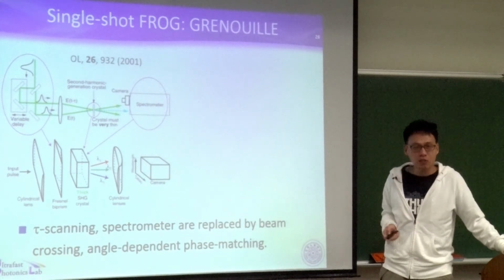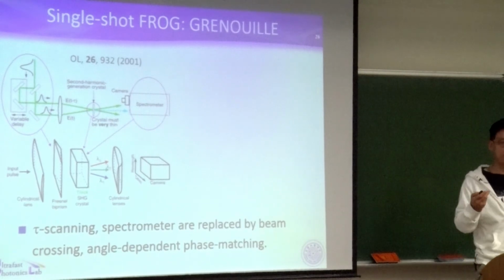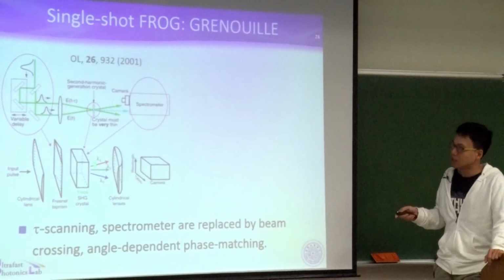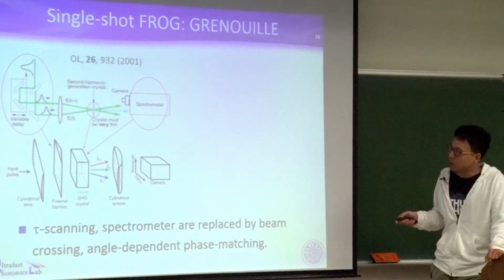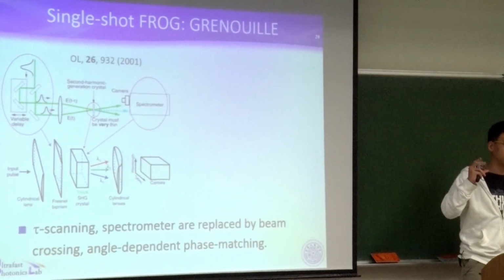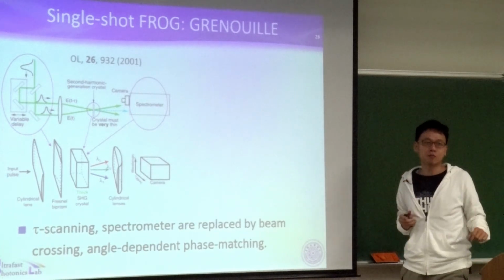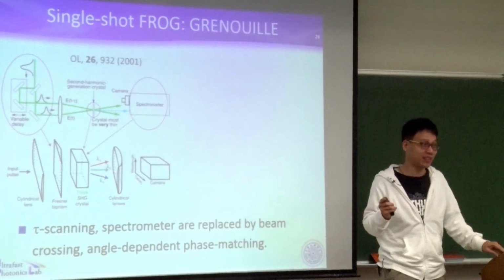Now you can use the thick crystal and the phase matching mechanism to implement the same function. So say the angular dispersion is along the y-axis, delay is along the x-axis, then you just need a two-dimensional camera to capture the data. You can get the FROG trace in one shot. You do not need delay scanning.